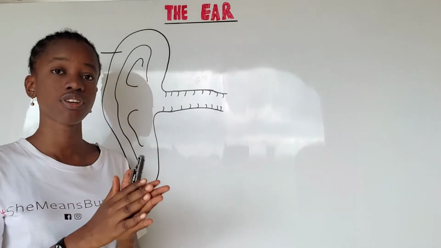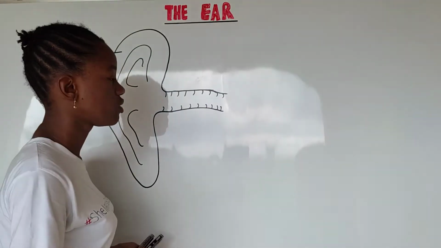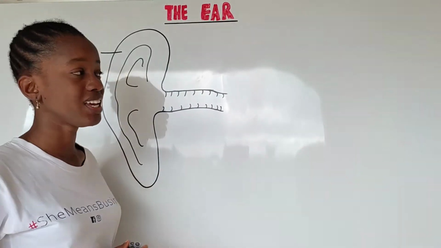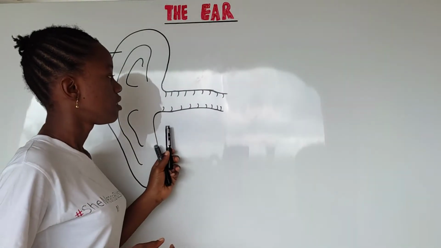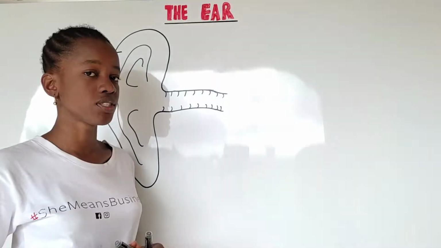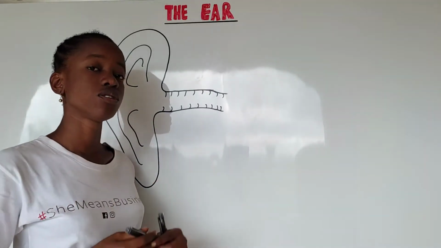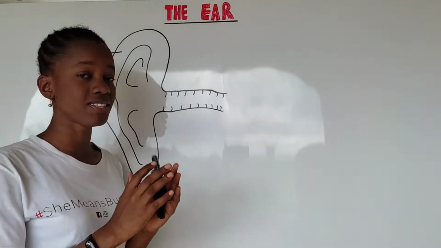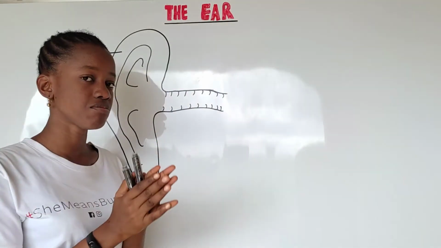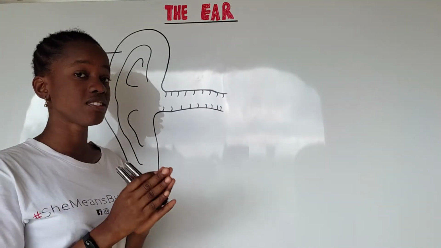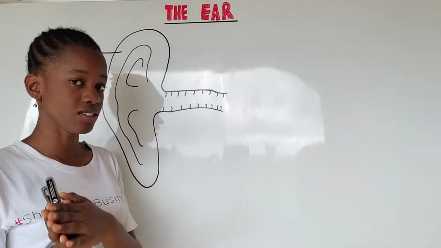They secrete wax and oil. The wax and oil present in your ear is secreted by those glands in the ear canal. And the use of the wax and the oil is to trap dirt and prevent it from reaching the middle and the inner ear.